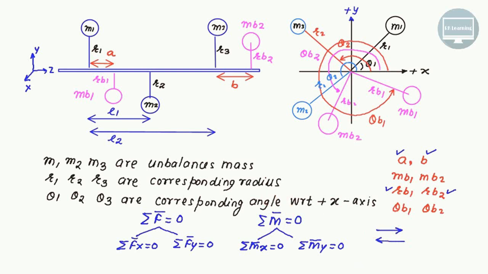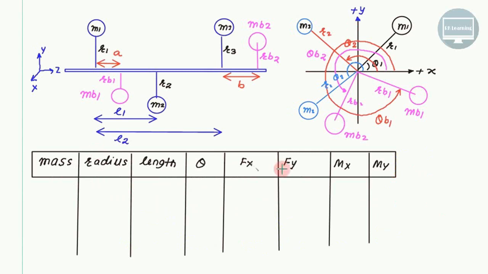Okay? So make entries in table format. That will be very quick. First entry is M1, corresponding radius is R1, length, which right now I will keep as it is, and theta equals theta 1. So Fx, the centrifugal force, is M omega square multiplied by R, and if I write X, it means cos theta.